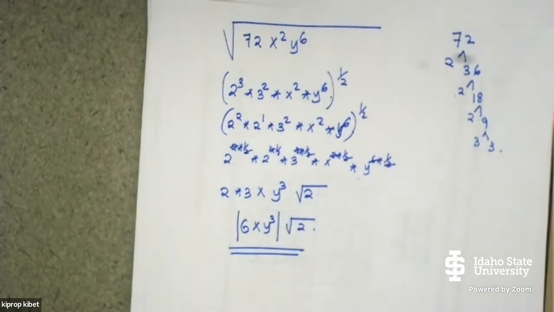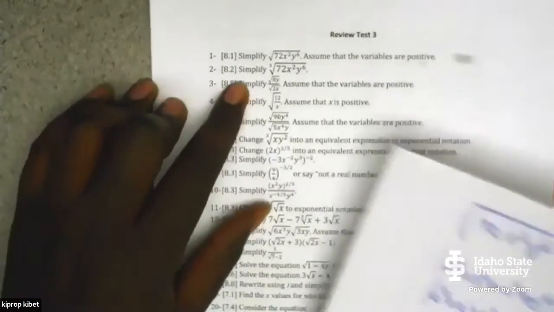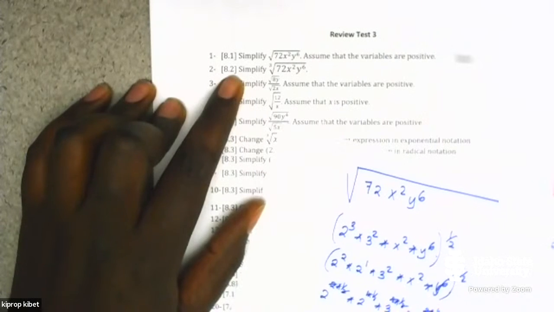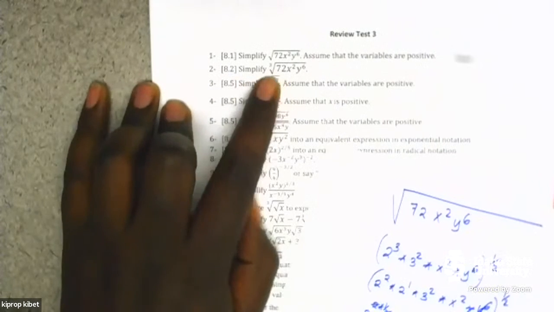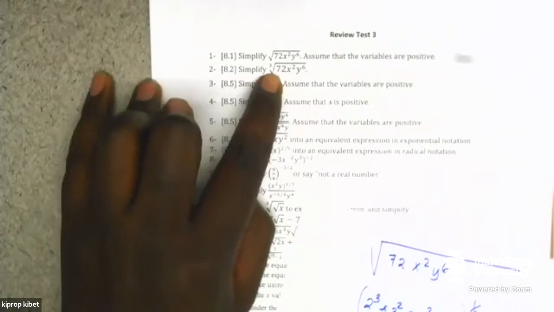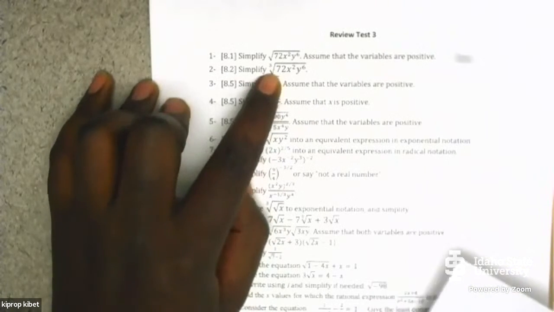So that actually covers even section 8.2 there. If you look at 8.2, that is raised to 3. You do the same thing.